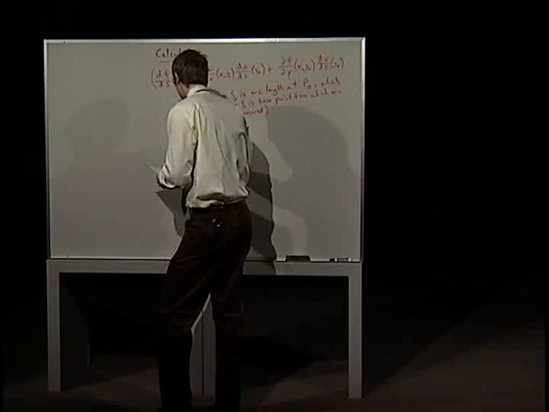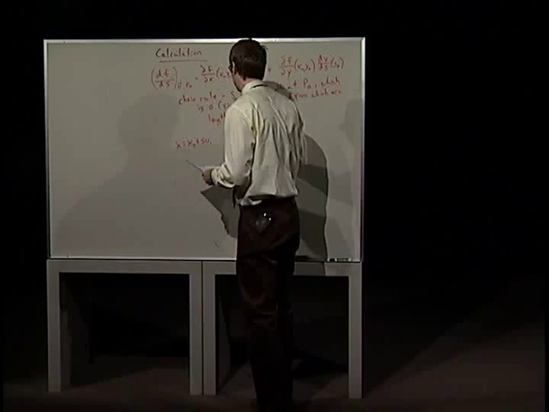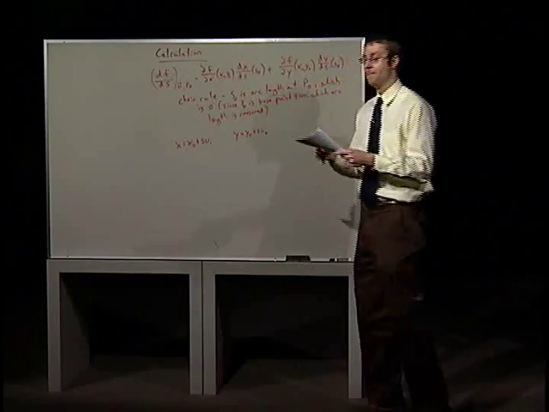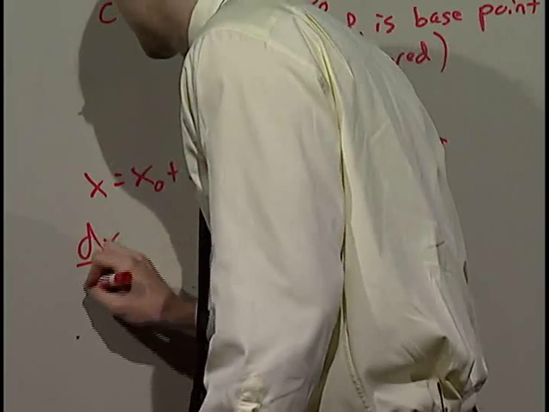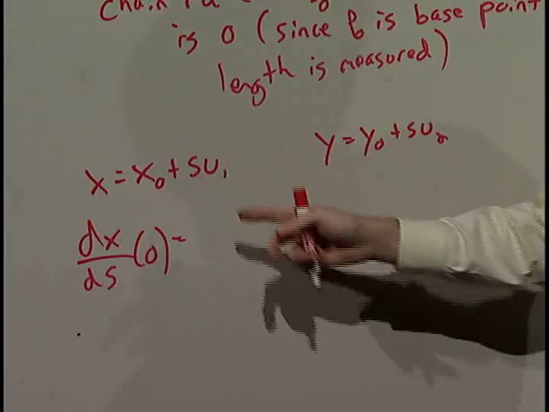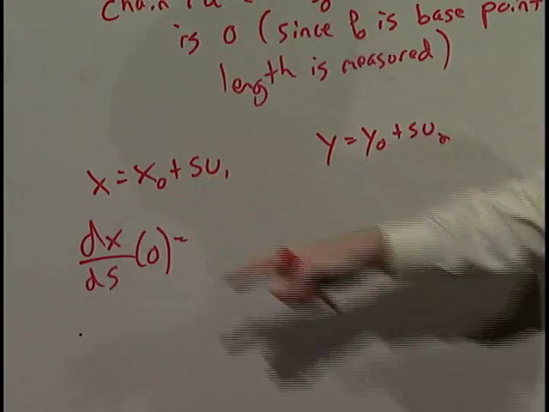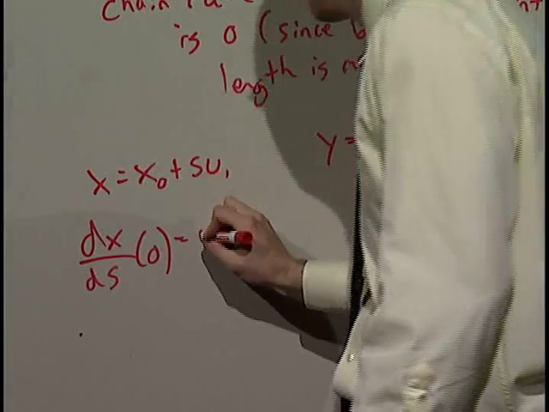So remember the parametrics, x equals x naught plus s u1 and y equals y naught plus s u2. If we look at dx/ds at 0, dx/ds is just a constant, u1. This is s times a constant, so it's just u1.